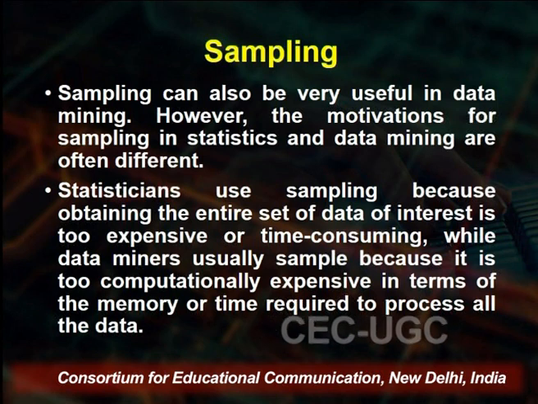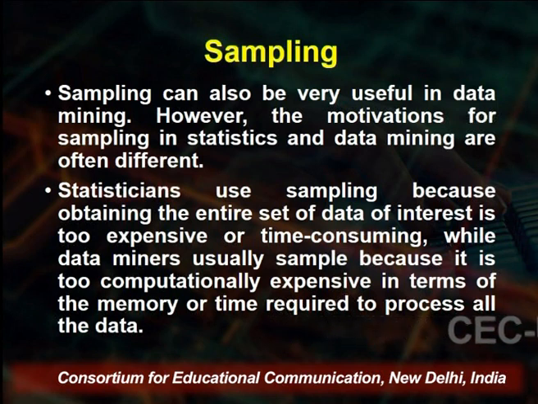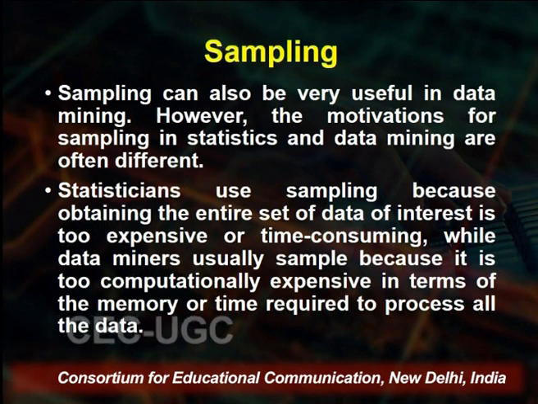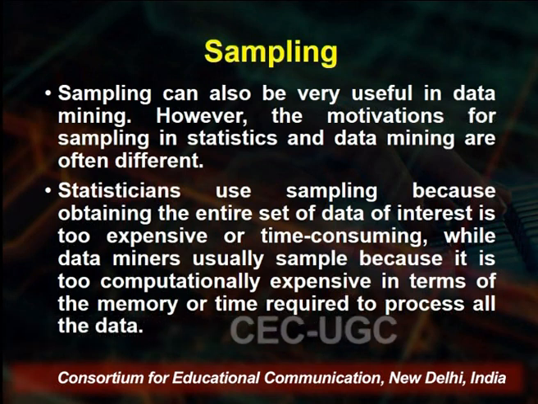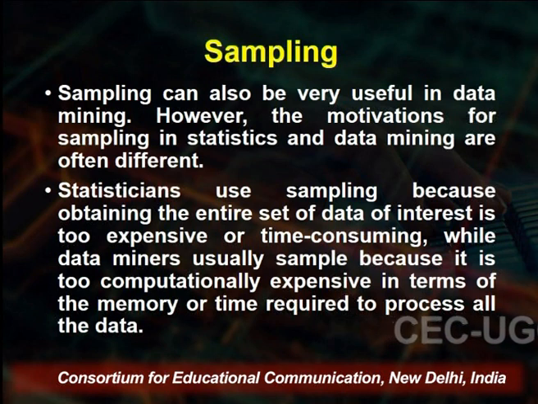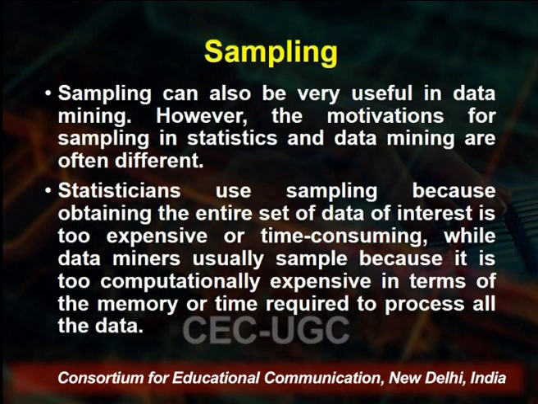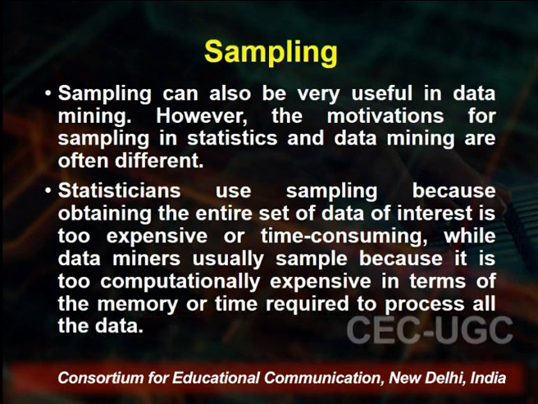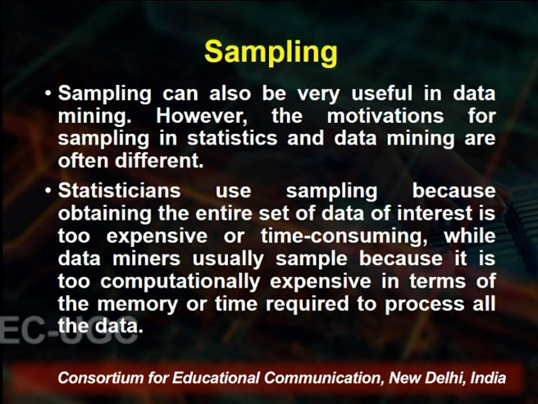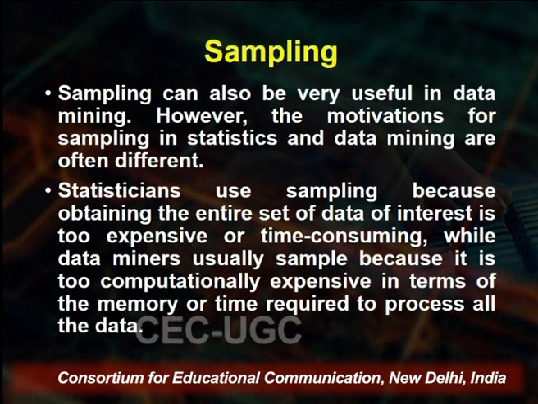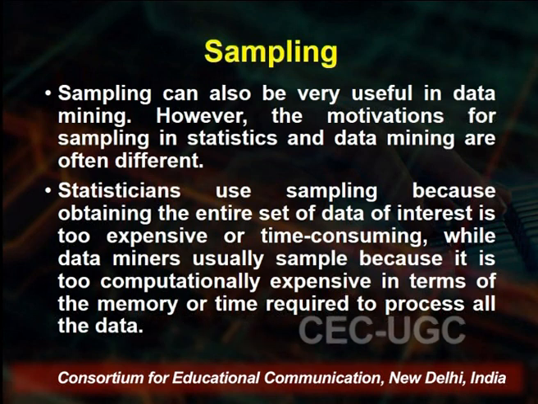However, the motivations for why data mining uses sampling and why statistics uses sampling are different, because statisticians use sampling because obtaining the entire set of data of interest would be too expensive and too time consuming, while data miners usually sample because it is too computationally expensive in terms of memory and time required to process all the data, because we are looking at huge data sets.